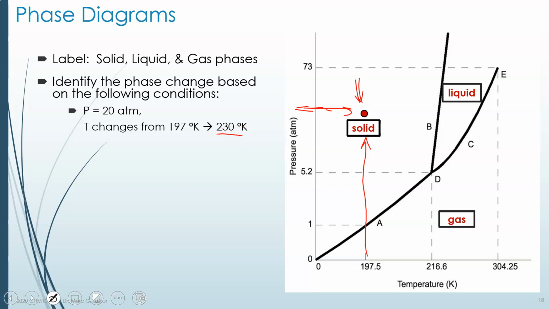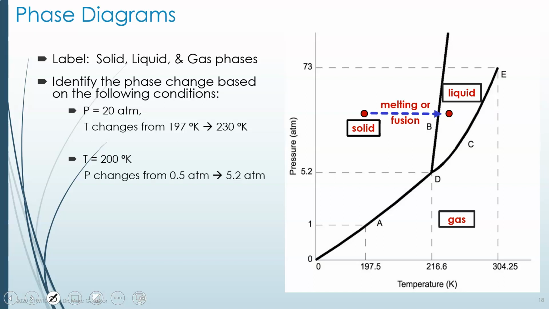Well, 230 would be somewhere around here, so we have to move this over here, and you'll notice now this substance has become a liquid. And I'm going to erase this and show you this on the actual slide. So this is a transition from solid to liquid, so this would be a melting or a fusion process.